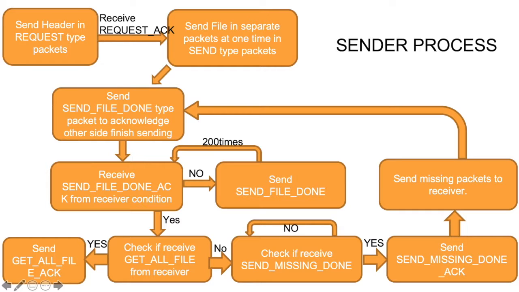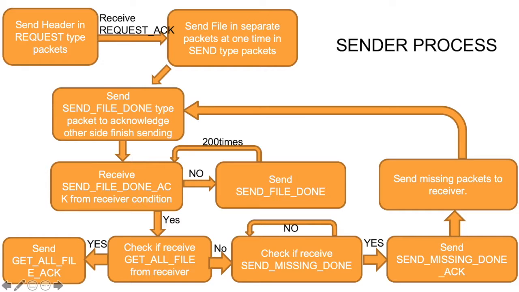After that, we will be waiting for the send file done acknowledge from the receiver side. If we receive that signal, that means the receiver side knows that the first total send has been finished, and then we will wait for the receiver to check if they have received all the packets they need, like we described in the header request.